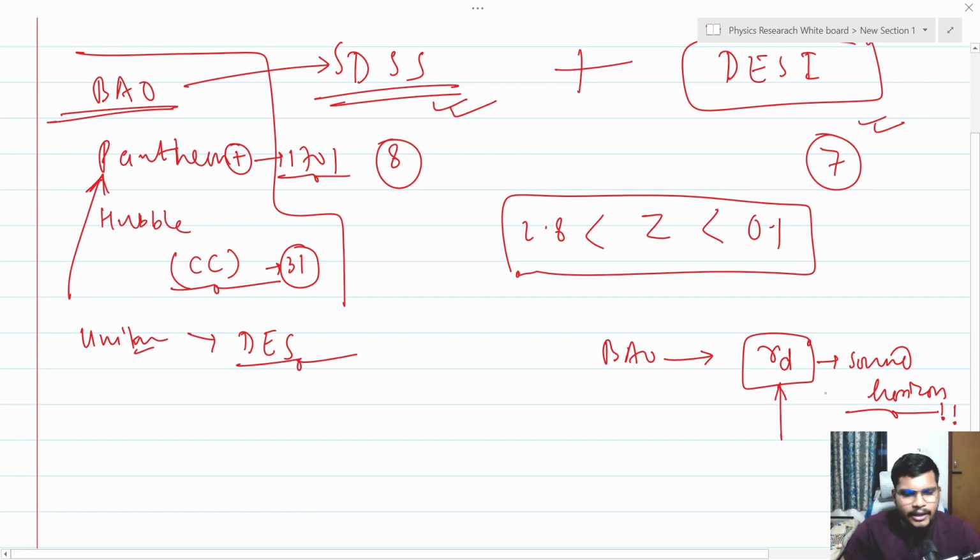This is again called a standard ruler. After the Big Bang, we already know we have the cosmic microwave background. As long as the universe was not dominated by its expansion, there was a contraction and expansion of the radiation fluid.